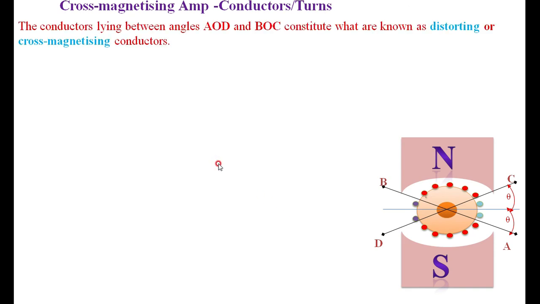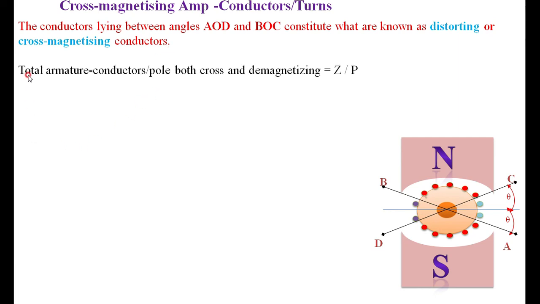Okay, the same thing I am doing here. The conductors lying between AOD and COB, they are contributing to the cross-magnetising effect. They constitute what are known as distorting or cross-magnetising conductors.